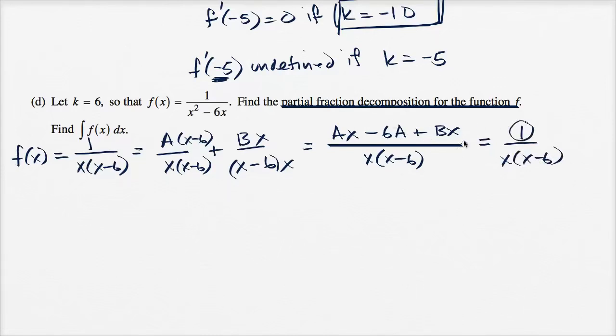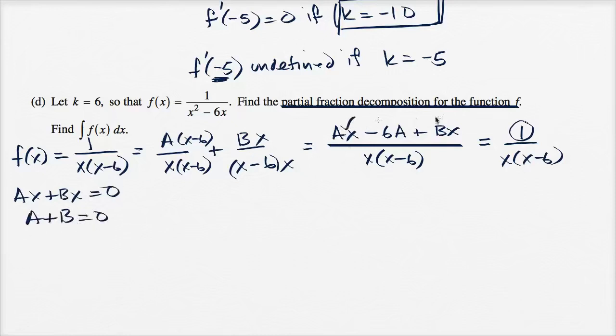What we can see is that the x terms must cancel out since we have no x terms here. So we have ax plus bx must be equal to 0, or you could say that a plus b is equal to 0.